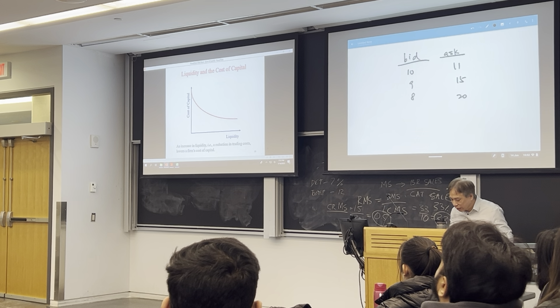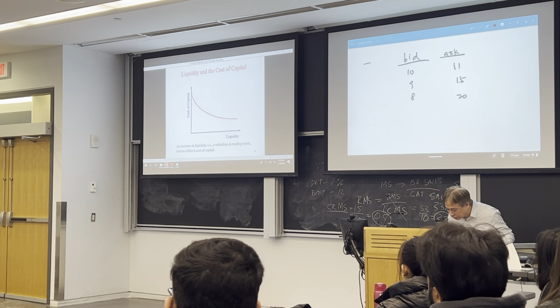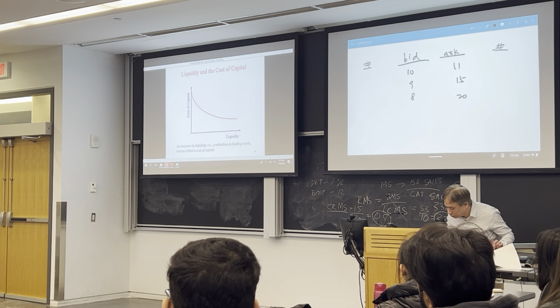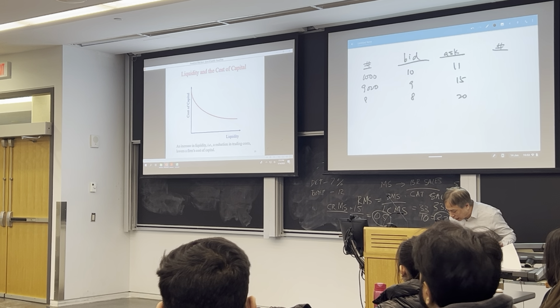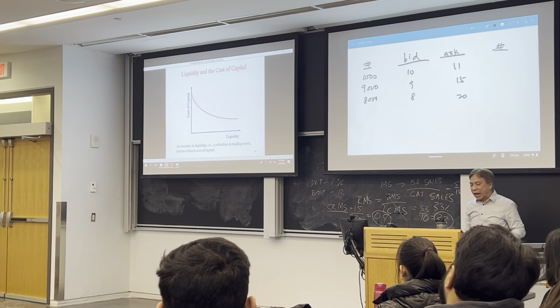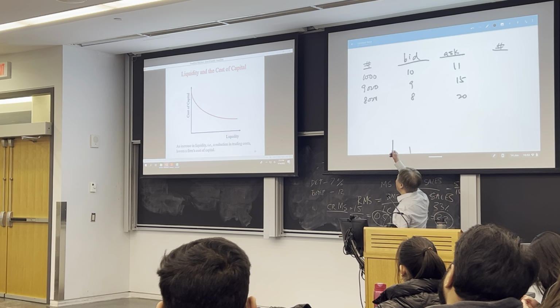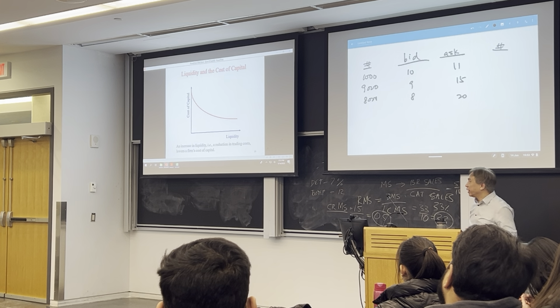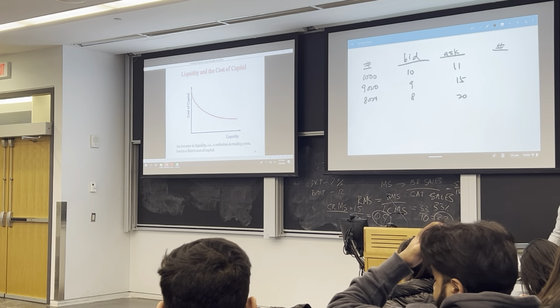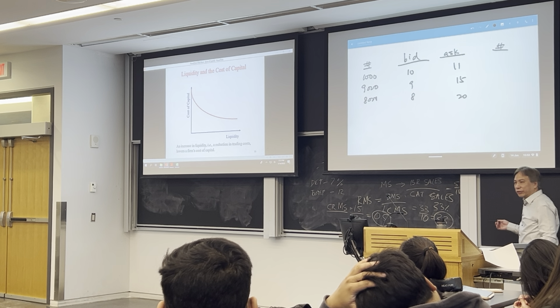At 10, someone wants to buy 1,000 shares. At 9, someone wants to buy 9,000. At 8, someone wants to buy 8,000. So at the price of 8, someone wants to buy 8,000. At the price of 9, someone wants to buy 9,000. At the price of 10, someone wants to buy 1,000.